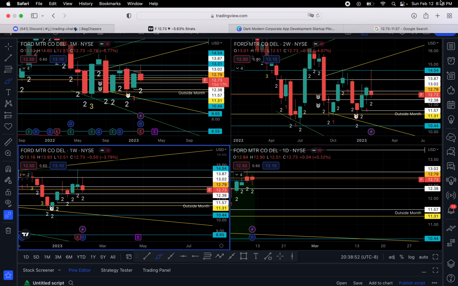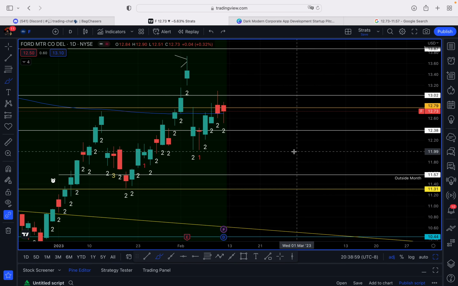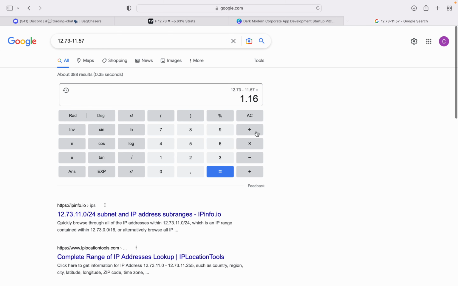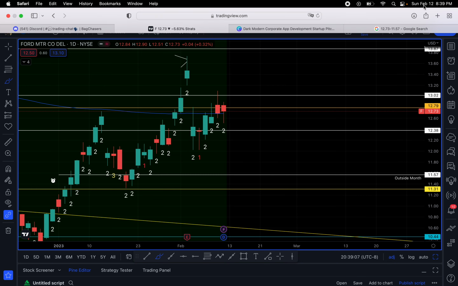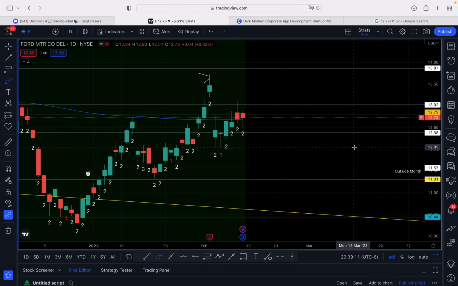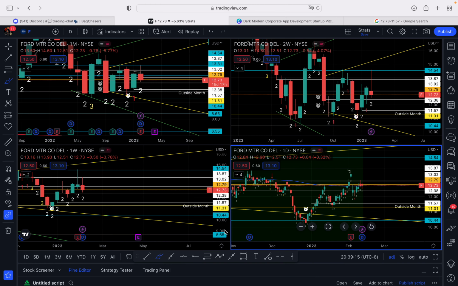We have 12 days left for Ford to move $1.16. And I know Ford can move about 50 cents a day. And so that could technically only take 3 days, 4 days, and we have 12 days left in the trading month.